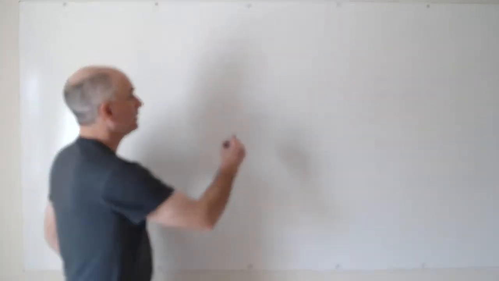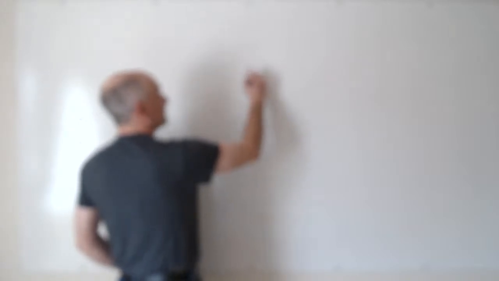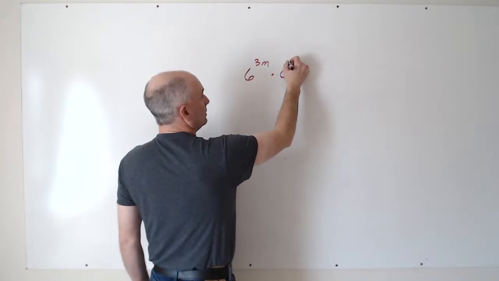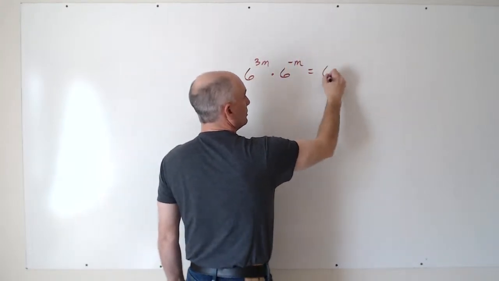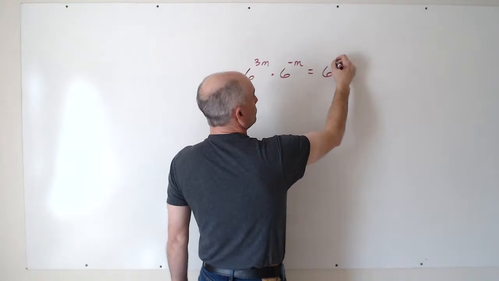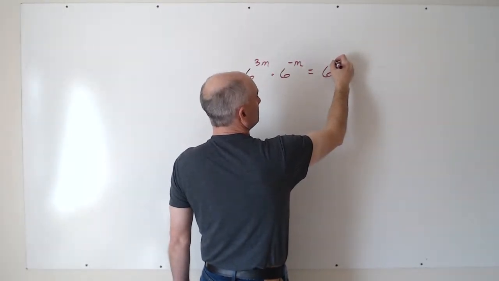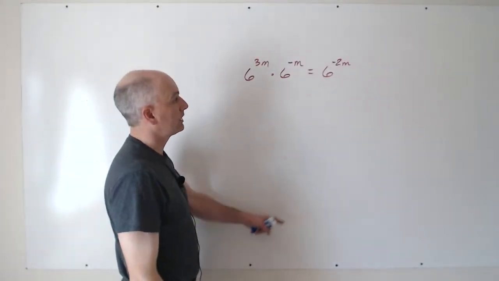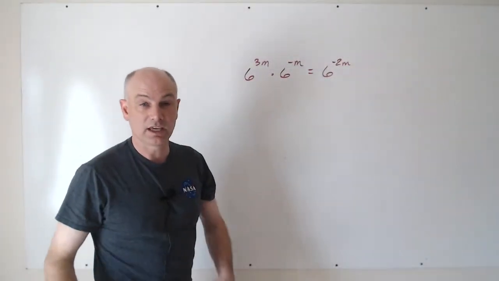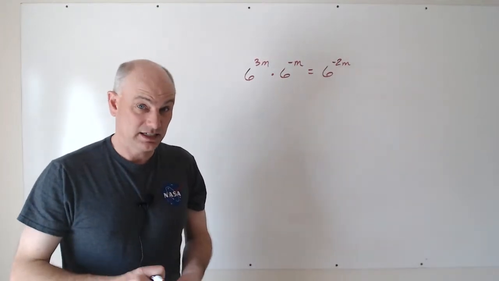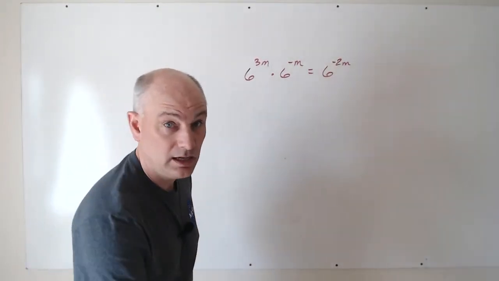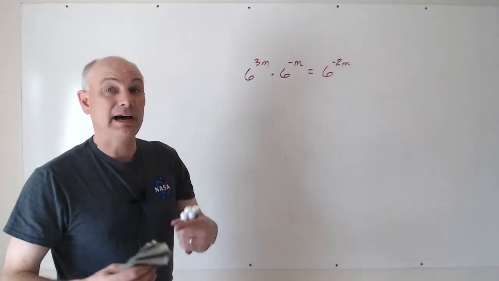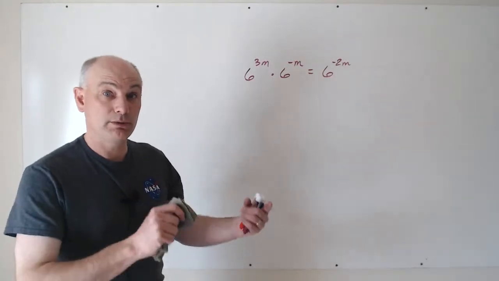The other way to look at it, we had 6 to the 3m times 6 to the negative m is equal to 6 to the negative 2m. The other thing you could have done is look at it as a division and get it all to one side. I'm not going to suggest you do that. But we have to keep in mind that since we're solving for m, we don't want to divide by that m. We want that to remain.